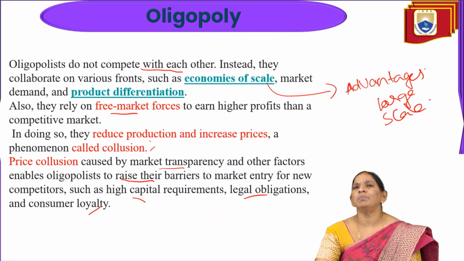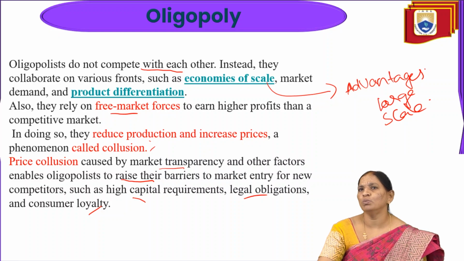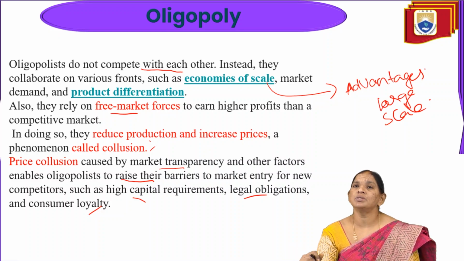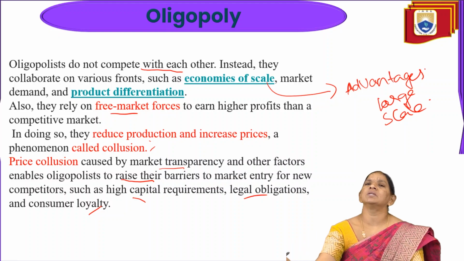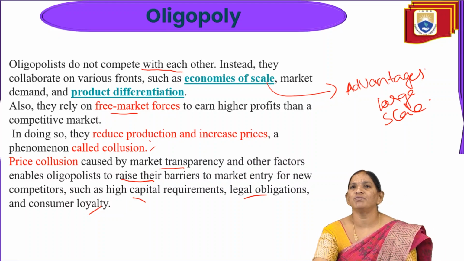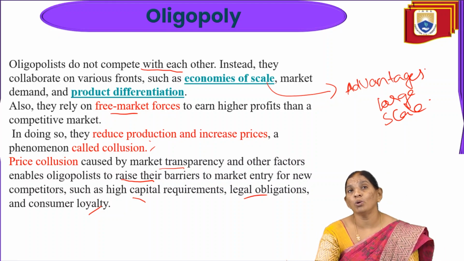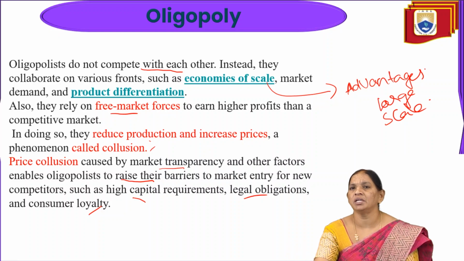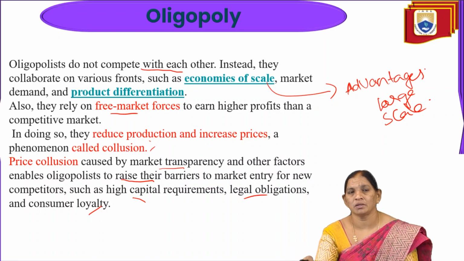The barriers these oligopoly firms create restrict a new producer from entering the market, as they will show that it requires a higher amount of capital. Being large firms, they can meet that higher capital requirement, but little and small firms cannot afford that much capital.